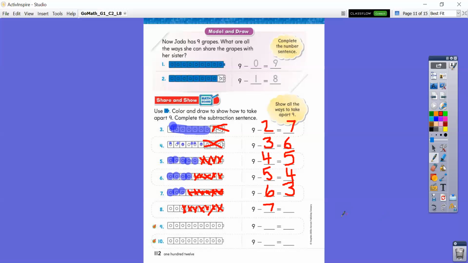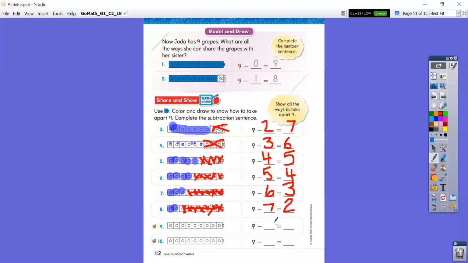Okay, so Jada's getting very generous with her grapes. Let's color the ones that she's keeping. She's got these left over. Right, she only has 2 grapes left. She's sharing a lot of grapes. Okay, we started with 9. I took these away, and look, I only have 2 left over. So I would read that 9 minus 7 equals 2.